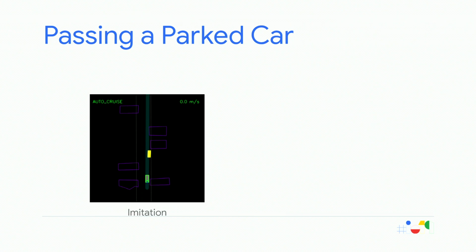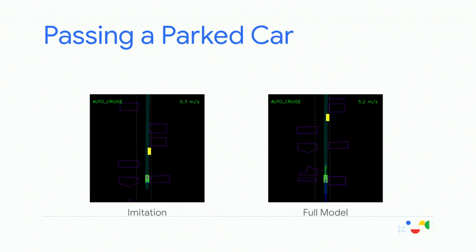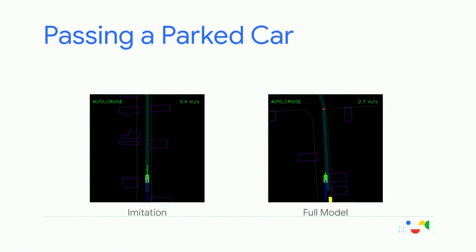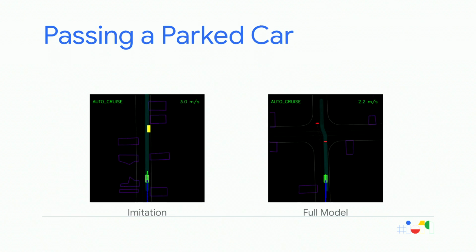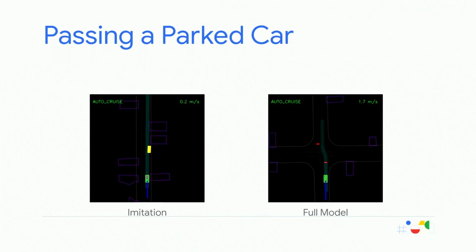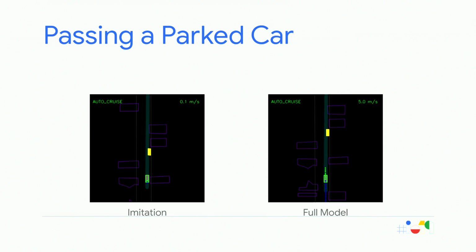So this is the result from our imitation model, which doesn't have the other techniques built in. Now if we repeat the same test with the full model, we find that the agent is again able to nicely nudge around the parked car and continues to make progress.